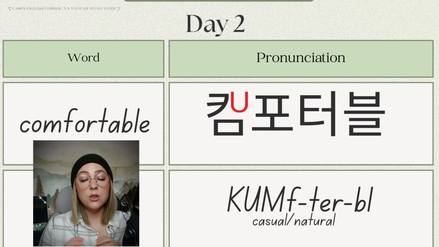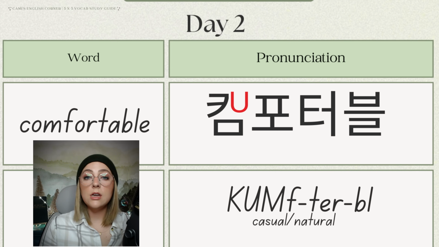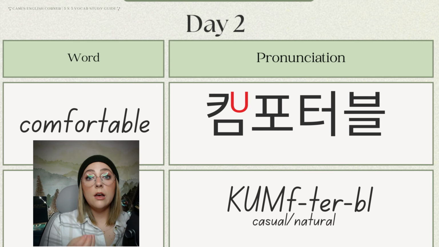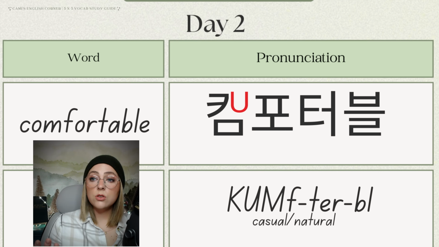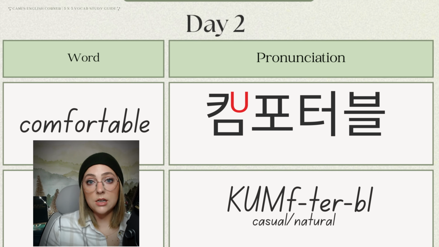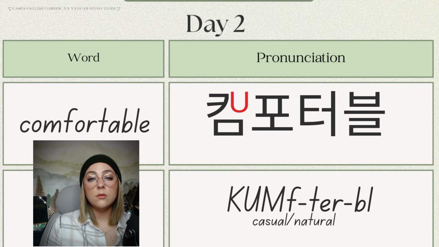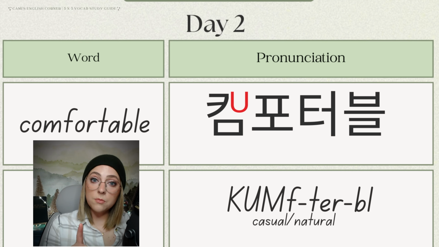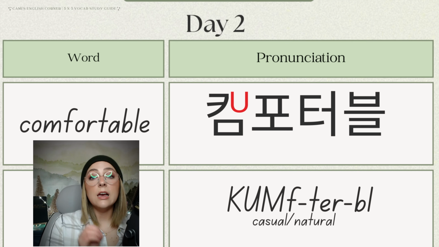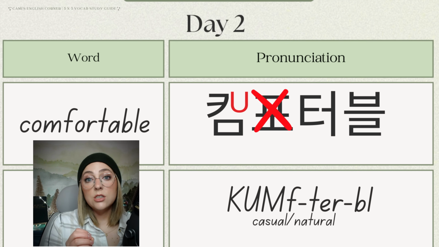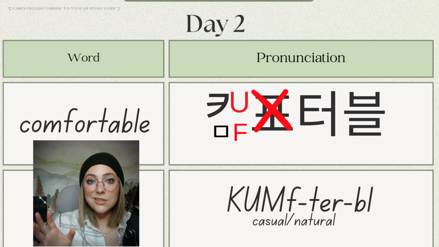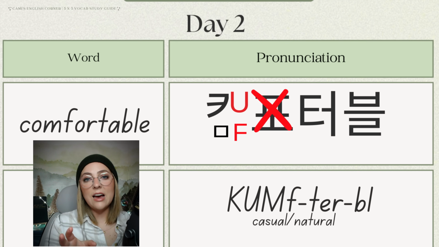So first, with that aw sound, I'm going to take that out and put in a U. You'll also notice in the natural pronunciation of comfortable, that first syllable has the M and F sound. So I'm just going to toss it in to that first syllable in Hangul.